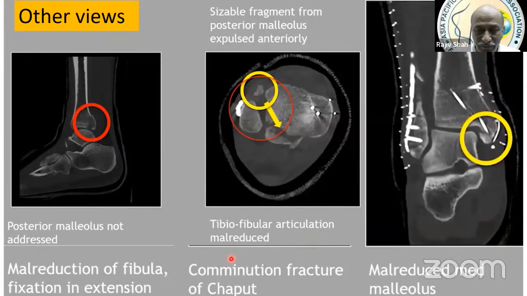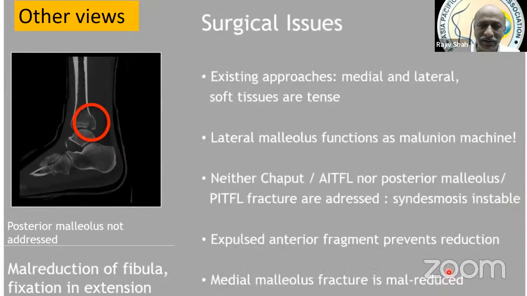So, okay, comminuted Chaput fragment, mal-reduced medial malleolus, posterior malleolus was not addressed. So everything requires to be addressed. But then this was the problem. Existing approaches were there. The lateral malleolus was mal-reduced. It was a malunion. Neither Chaput, nor AITFL, PITFL were addressed.